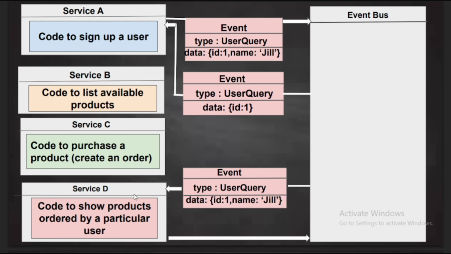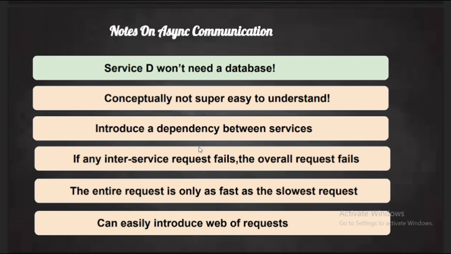You can see that service D still needs data from services A, B, and C. It emits an event to the event bus, the event bus passes it to the service, the service queries and processes it, and then it goes back to the event bus, and the event bus gives it to service D. If an inter-service request fails, the overall request fails because it is still dependent.